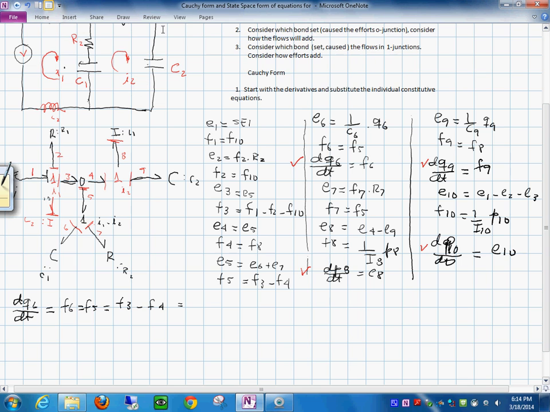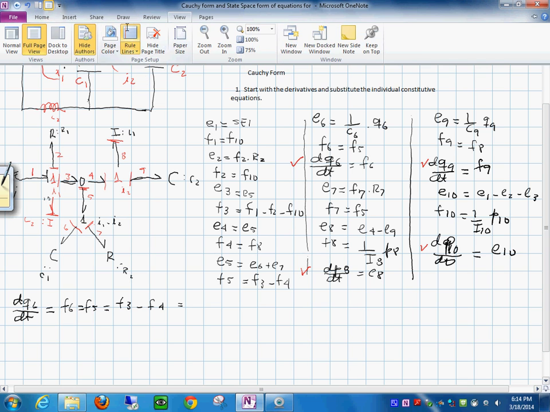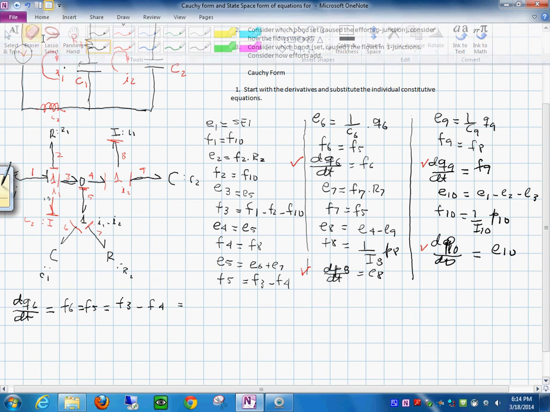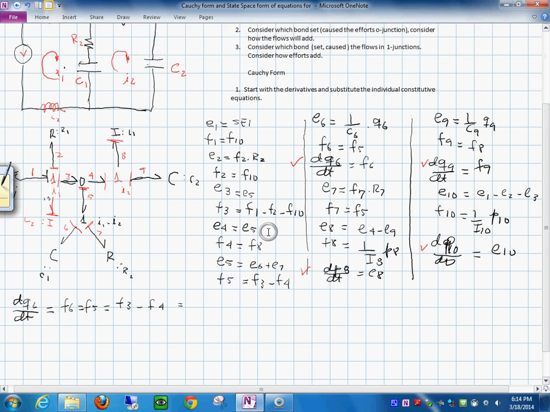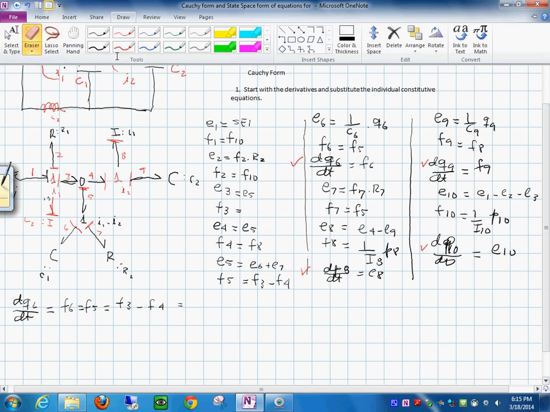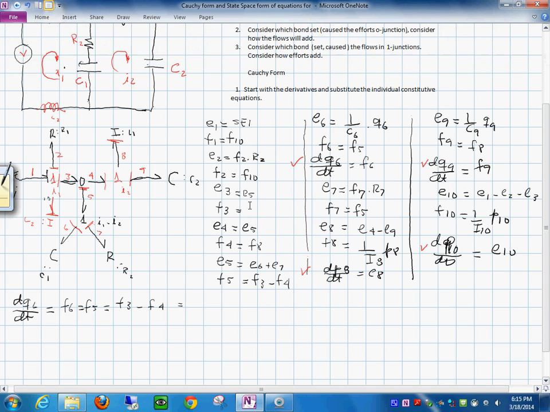So we have a slight error in there, something that does not happen with a computer program. This is for this one, not the one, but just F10. That's all. So F sub 5 is F sub 10 minus F sub 4.